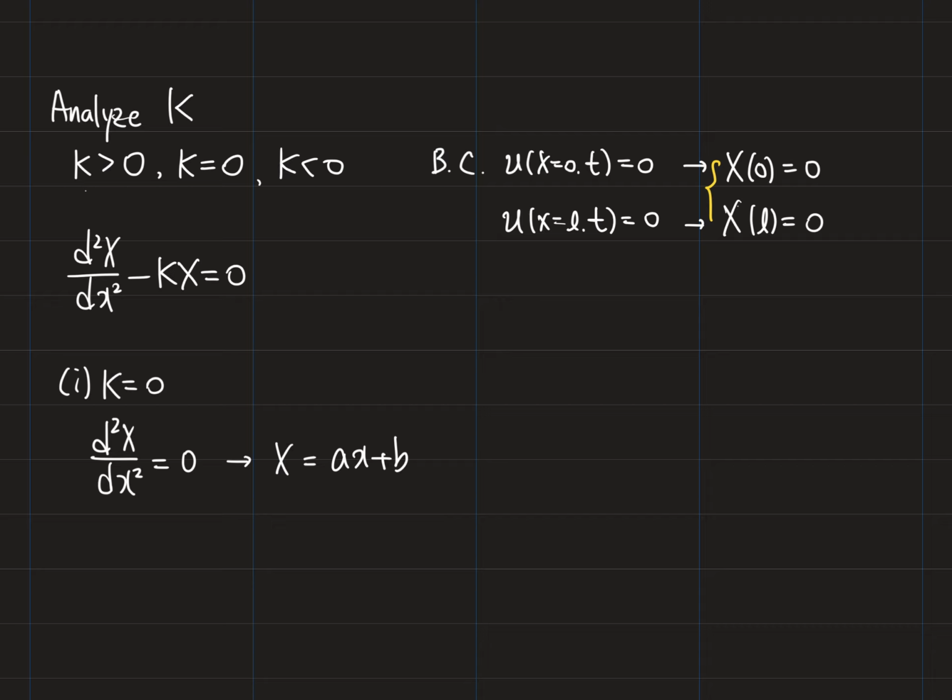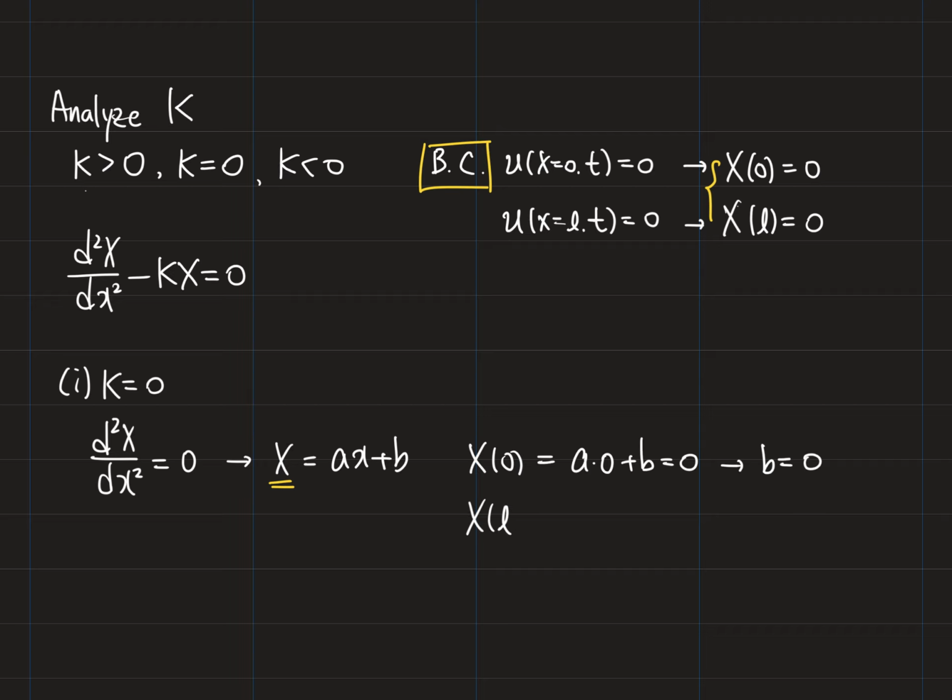So for this general solution, we are going to find the specific solution for our specific problem. So we are going to apply two boundary conditions to this general solution. The first condition is when x equals 0, the capital X also should be 0. So from this we can say that the y-intercept of the solution should be 0.